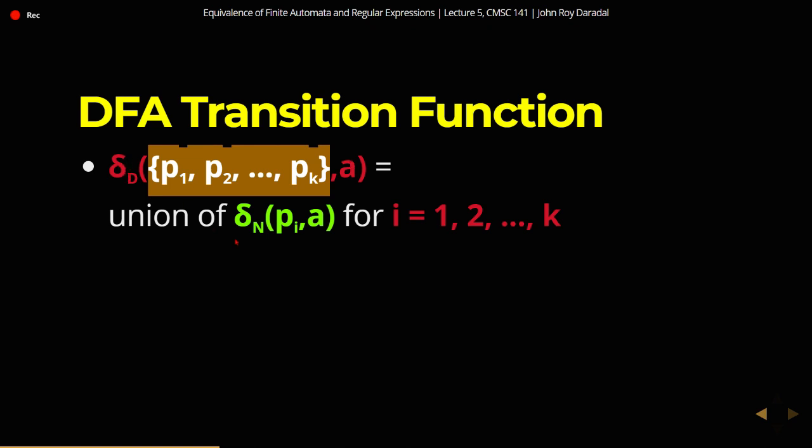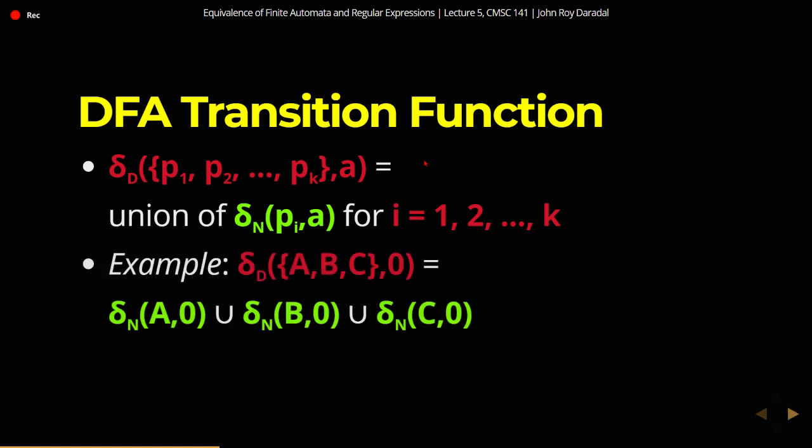The transition is the union of all the transitions from all states P1 up to Pk on A. We'll take their union and use that set of states as the new state that will be the entry for this transition function. If that doesn't really make sense, then hopefully this example makes it clearer.